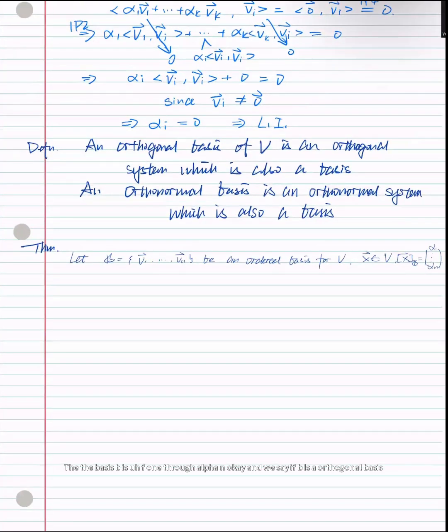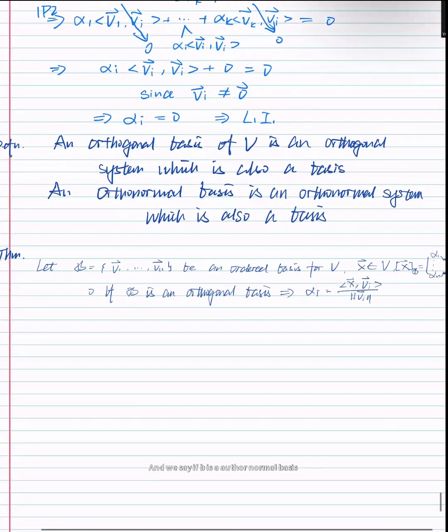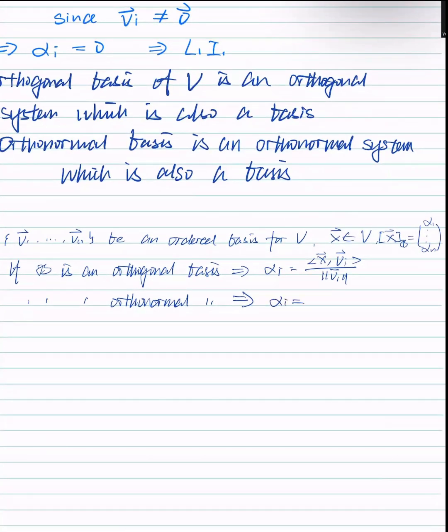If B is an orthogonal basis, then alpha i equals the inner product of x and vi over the norm of vi squared. And if B is an orthonormal basis, then alpha i would just equal the inner product of x and vi.